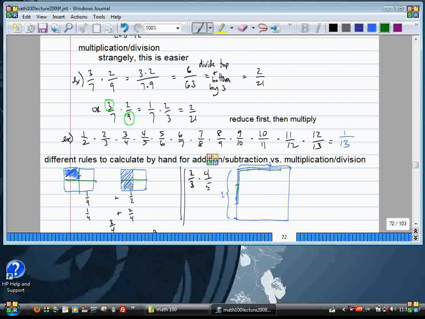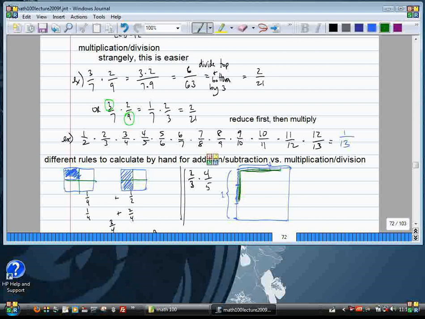So now I've drawn one, make that a little thicker. So I've now got one side length 2/3 and one side length 4/5.